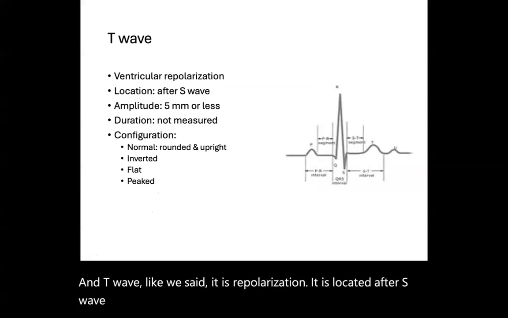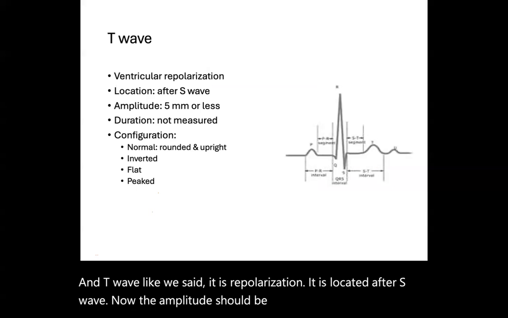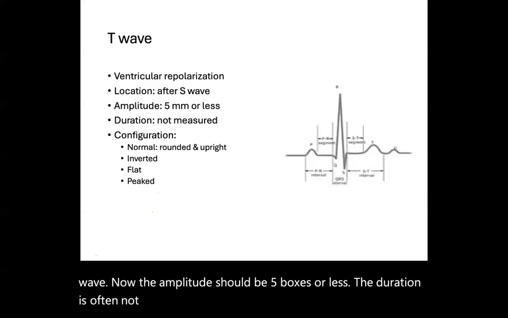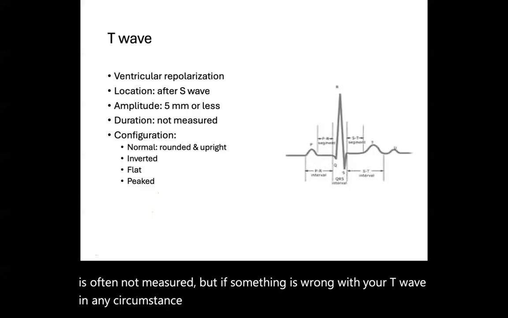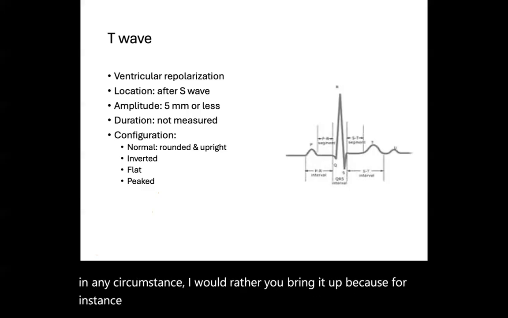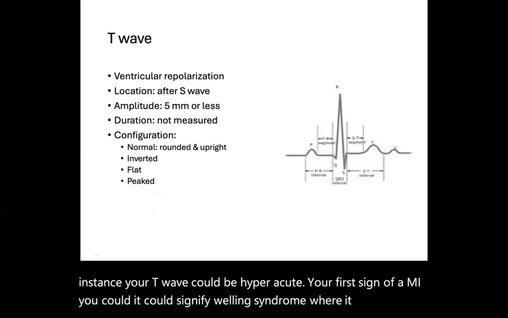Now, the amplitude should be five boxes or less. The duration is often not measured, but if something is wrong with your T wave in any circumstance, I would rather you bring it up because, for instance, your T wave could be hyperacute, your first sign of an MI. It could signify Wellens syndrome, where it is biphasic in V2 and V3.